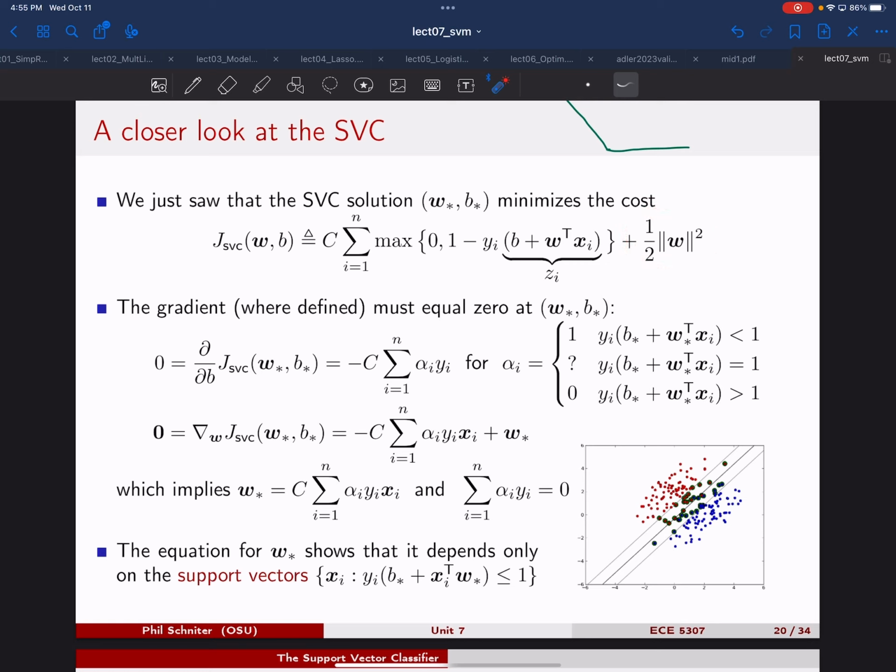Okay, so we now have the derivative with respect to b and the gradient with respect to w, and you can see from these two equations that we can now solve for a couple things. From the first one, we can see that we will need this to happen. So this is a property of these alphas: alpha i times yi must sum up to 0. That's still not enough to figure out what's happening with all those alphas, but you get a little bit of intuition about that.